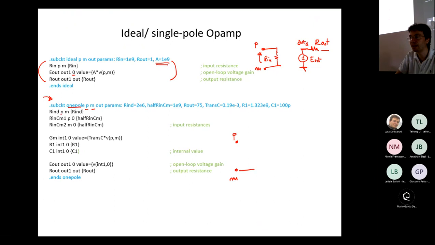Then we have a resistor which is connected between node plus and node minus. This resistor is our input differential resistance. Then we have 2 common mode resistors connected from node P and node M to the ground.